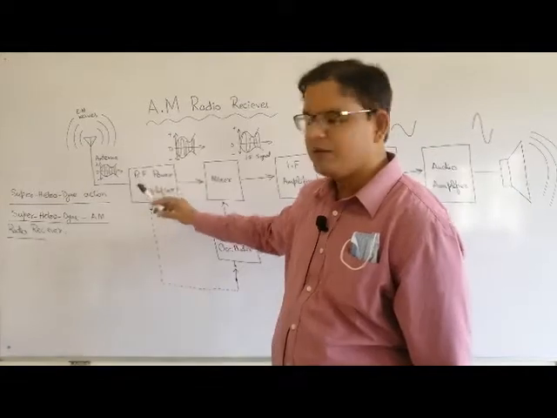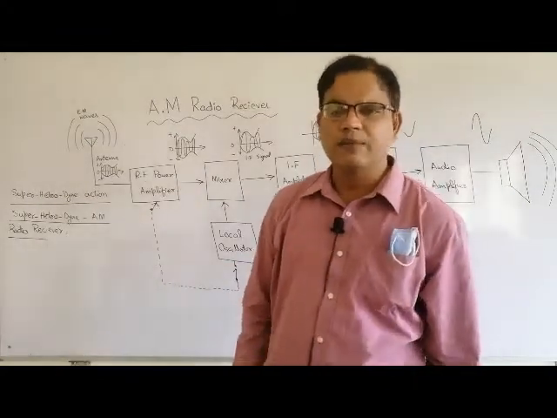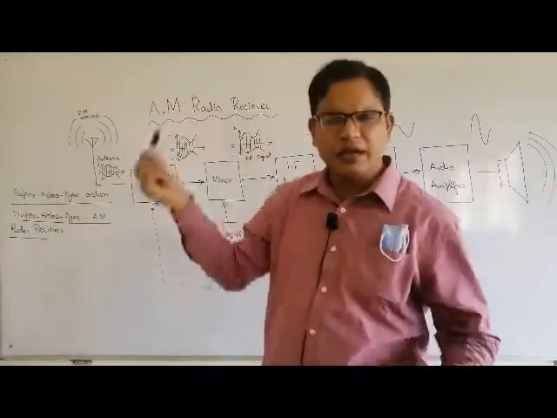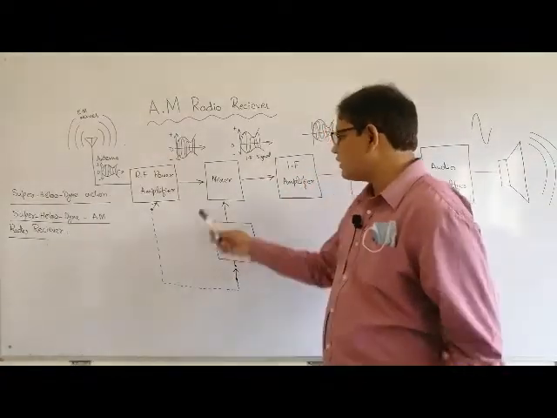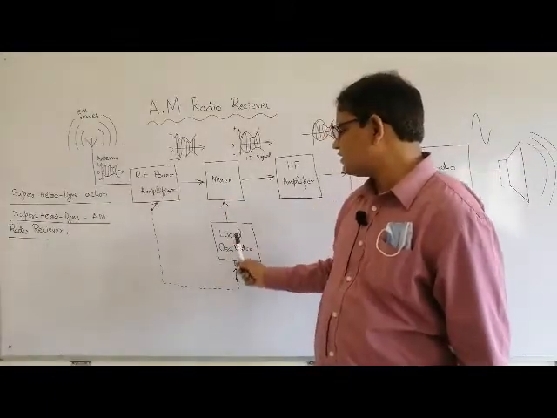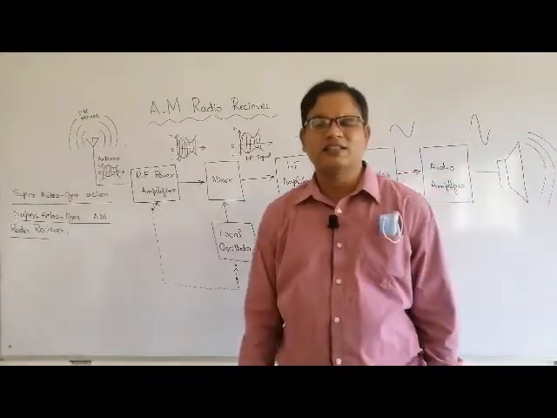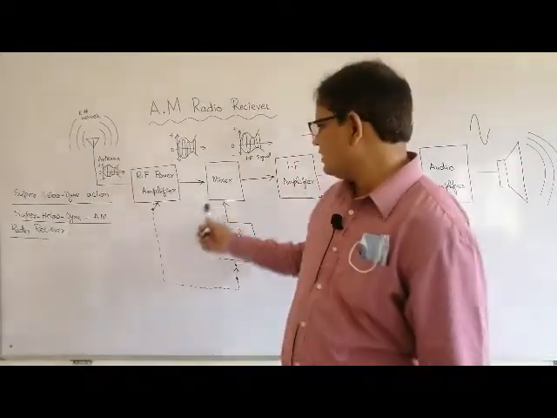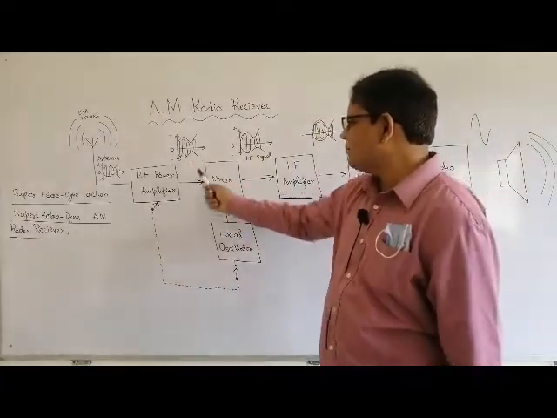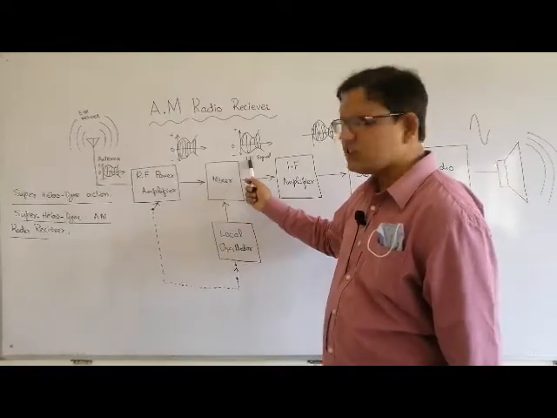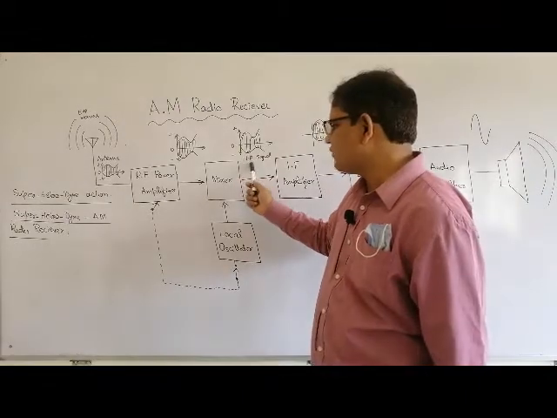The RF, or radio frequency, power amplifier amplifies this signal, meaning it increases the amplitude according to the received frequency. The local oscillator selects the frequency that we require, and the mixer mixes those voltages to make the IF signal.